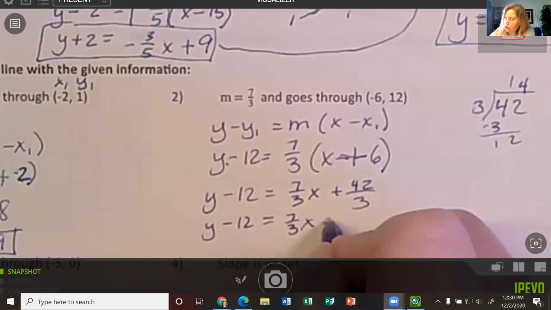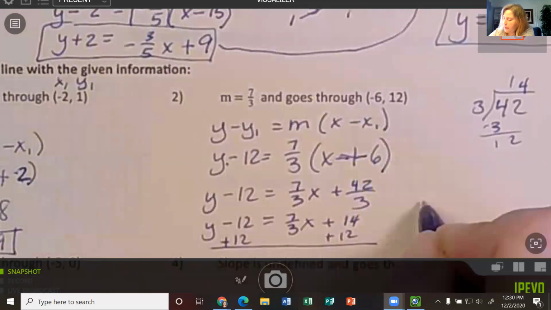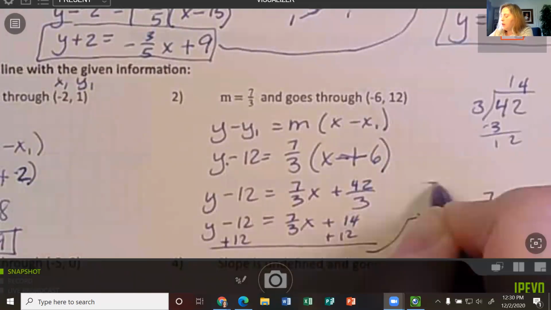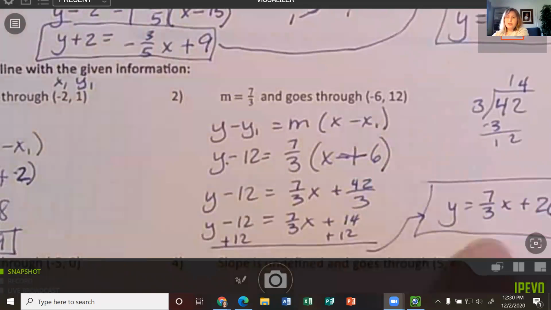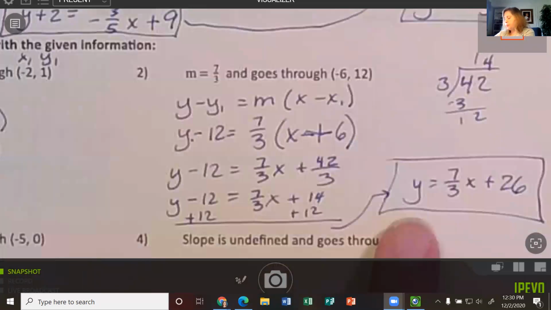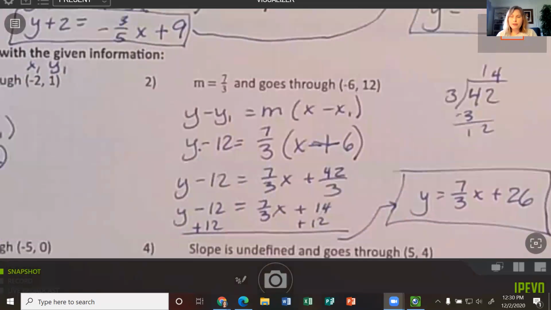Then we add 12 to each side, and we get y. I'm out of space here, so let's just write it here. Y equals 7/3 x plus 26. And again, normally, if we weren't looking at the slope of a line, we would change that to 2 1/3, but we're going to leave it as rise over run. Okay. All right, let's pause for questions.